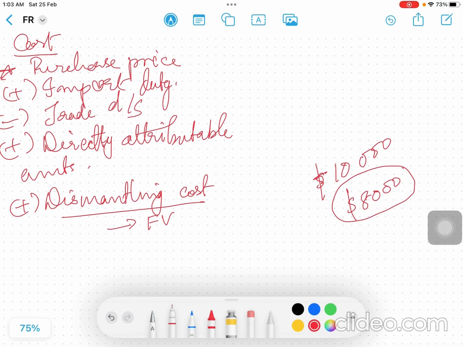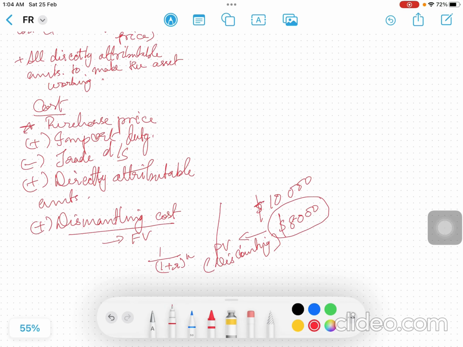So it is important that you convert this into your PV, that is present value, using the method of discounting. In order to discount, you use 1 by (1 plus r) raised to n. The whole cost you get when you add and subtract these components is the cost of the asset that you are going to mention as your initial recognition.